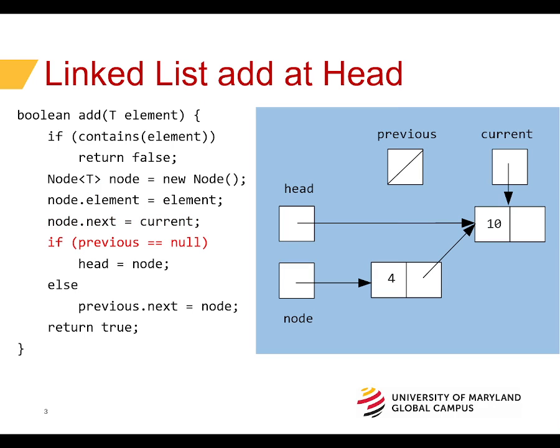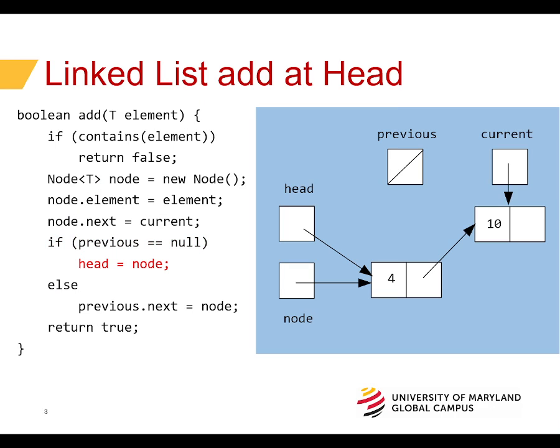Next is the check whether previous is null. This condition is true when the value to be inserted will be the first node of the list. That will happen when the value to be inserted is less than what is currently in the first node or when the list was initially empty. In our example, the former is true.